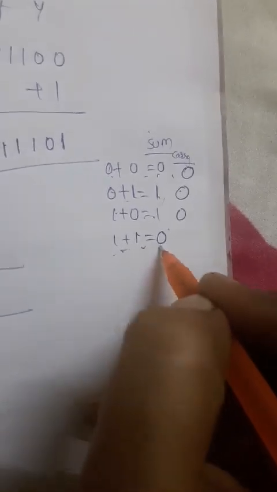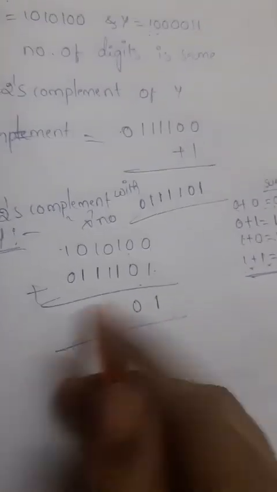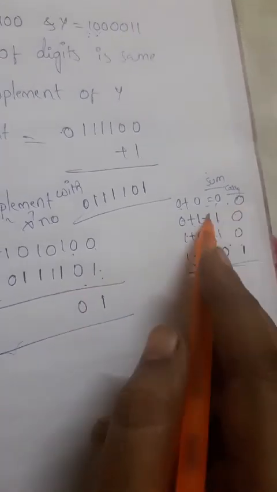And 1 plus 1: the sum will be 0 and the carry will be 1. Remember the point. So by using this addition, we'll add these binary numbers. So 0 plus 1, what is the result? 1. And 0 plus 0 is 0.